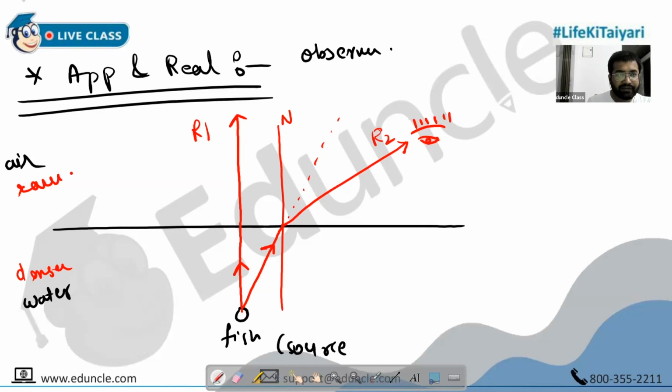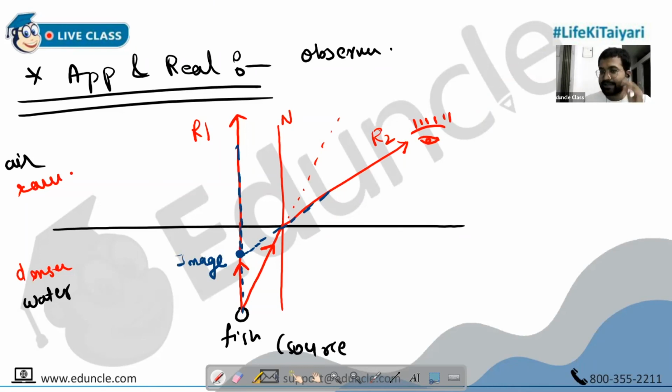Technically they intersect nowhere, but if you retrace them back, they will intersect somewhere. I've retraced this refracted ray back, and now retrace this one back. What do you see? They intersect here, so this is where the image will be formed.